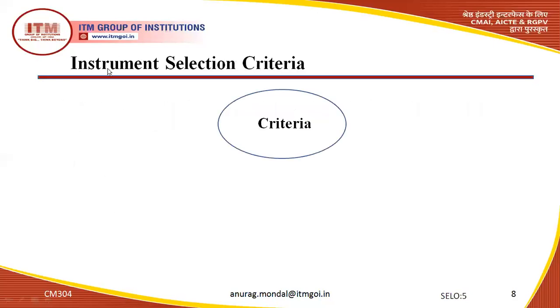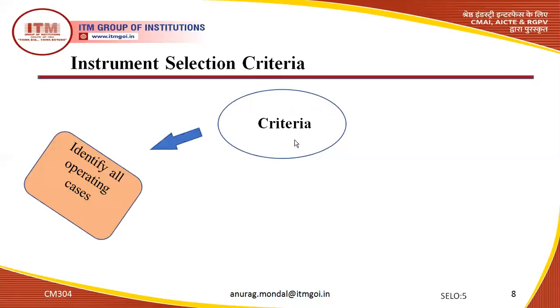Now for selecting the instrument, we have some criteria. The first criterion is to identify all the operating cases. We just discussed the level controlling unit, in which the vessel contains a liquid.